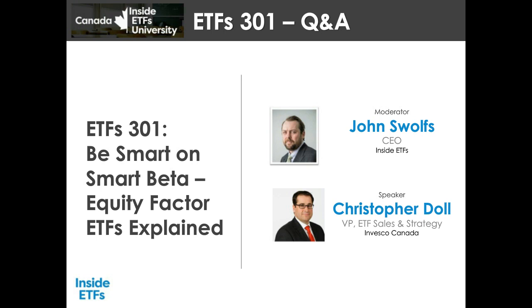John, that's a great question and one that we get on a regular basis. I think the best way to approach the discussion of how to implement or integrate smart beta into a conversation with your clients really stems from an understanding of what the client's investment objectives are. What are they trying to solve for? Are they saving for a specific event? Are they worried about a smooth ride to retirement or through retirement?